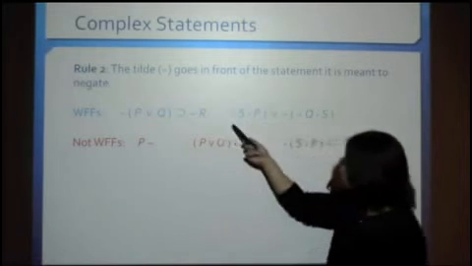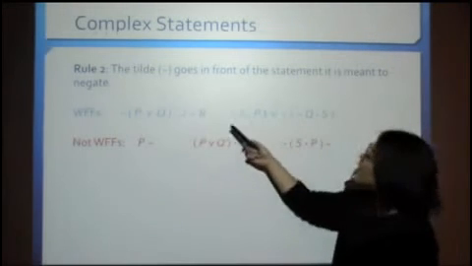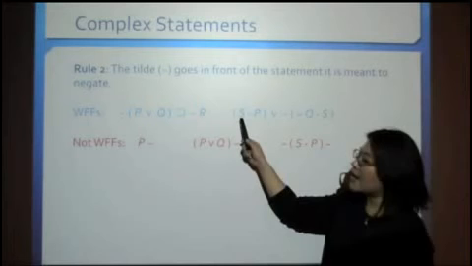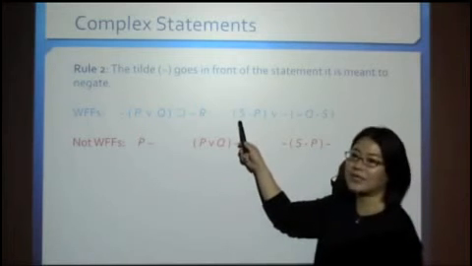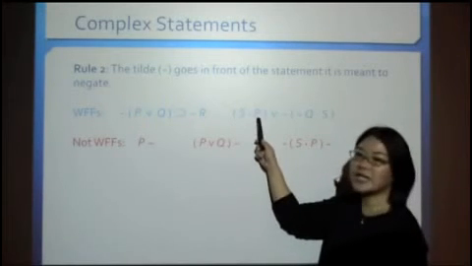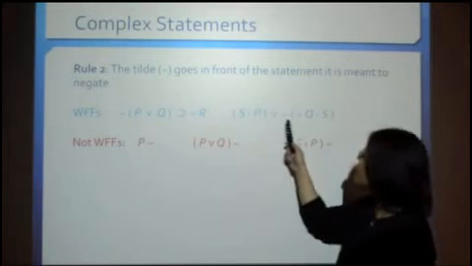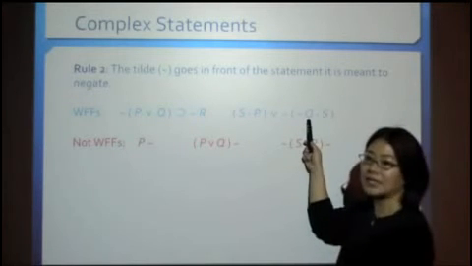Now consider this one here. Let's say that S again stands for the statement, the sky is blue. P stands for the statement, the grass is green. And Q stands for the statement, it is raining.